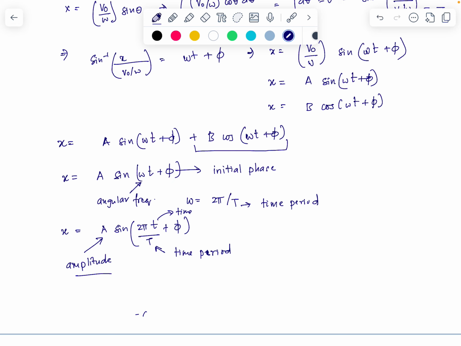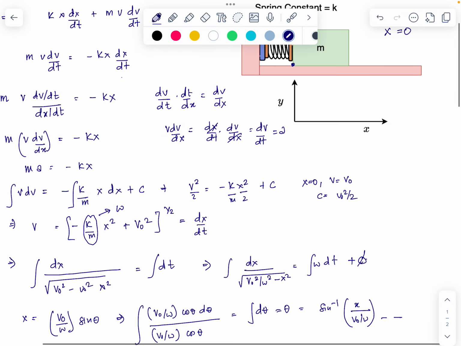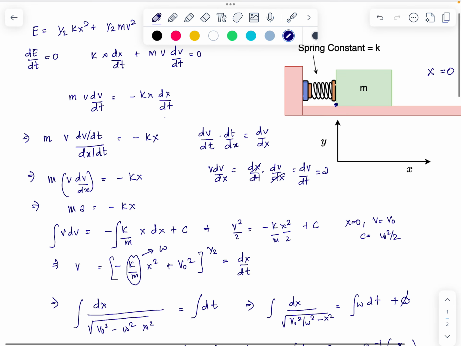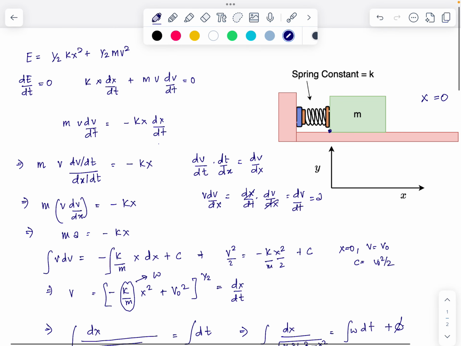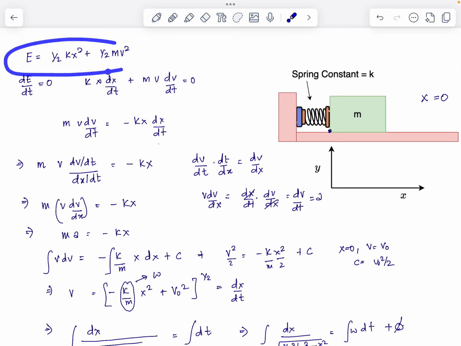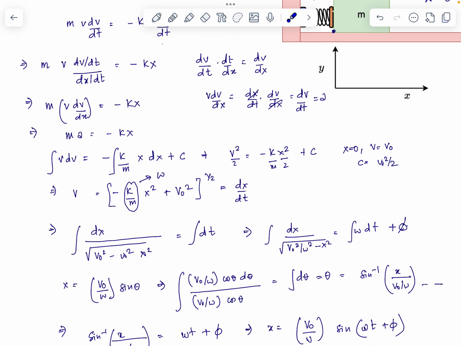So here we see how simple harmonic motion equations can be created using energy conservation. We first started with a statement for conservation of energy and wrote an energy conservation equation, and from that we came up with an equation for the motion of the system.